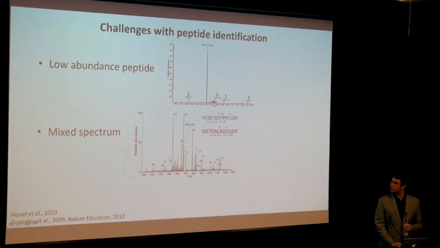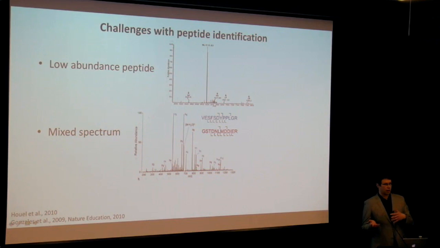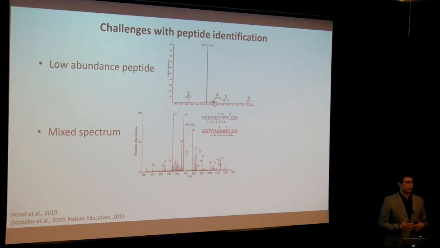And so you get what is called a mixed spectrum or a chimeric spectrum, where the result will be of two sequences that have been broken into different pieces. So when we try to match this acquired mixed spectrum to the theoretical ones, we'll be partially matching one theoretical spectrum, partially matching another, both fairly poorly, and therefore the scores won't be that great. And so the top hit we report will be fairly bad, and it might just be one half of what we're actually seeing.